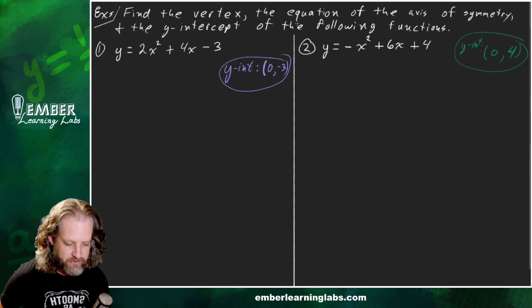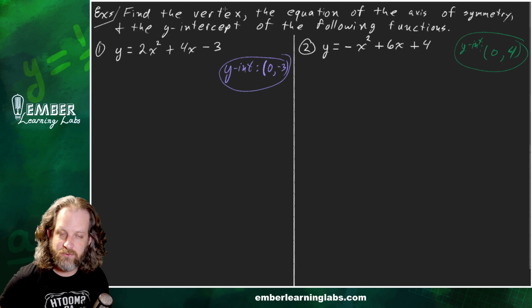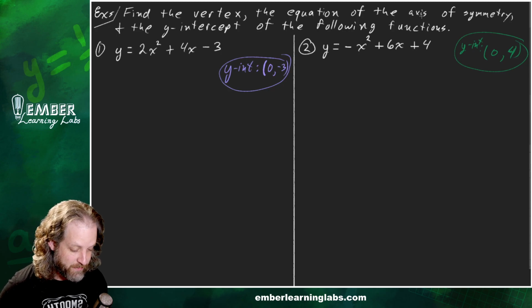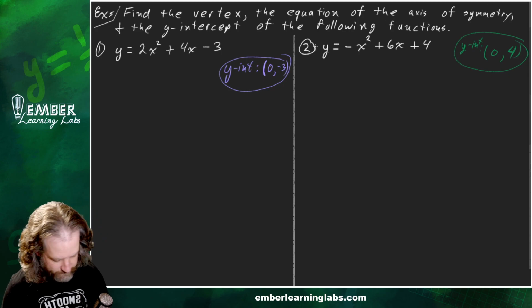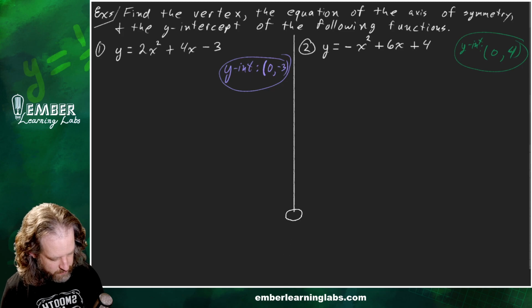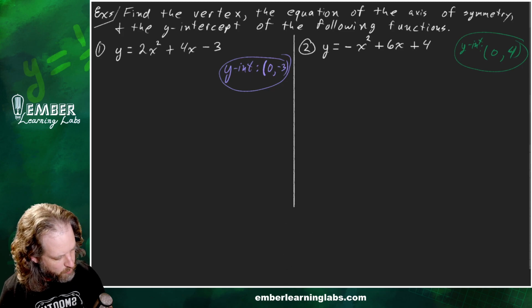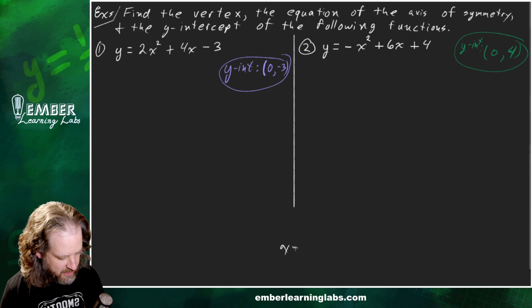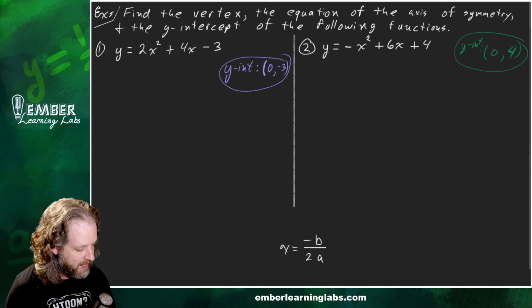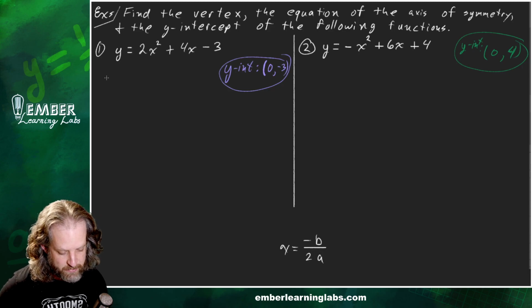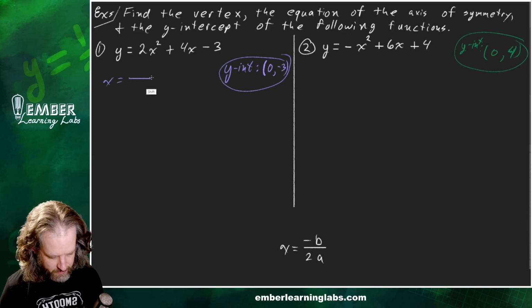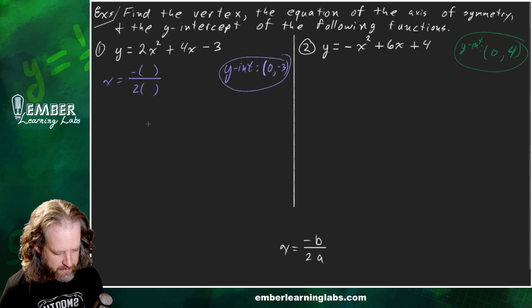Now we're actually going to solve for each one of these kind of in reverse order. We're going to find the equation of the axis of symmetry using that formula. That formula, again, was x equals the opposite of b over 2a.